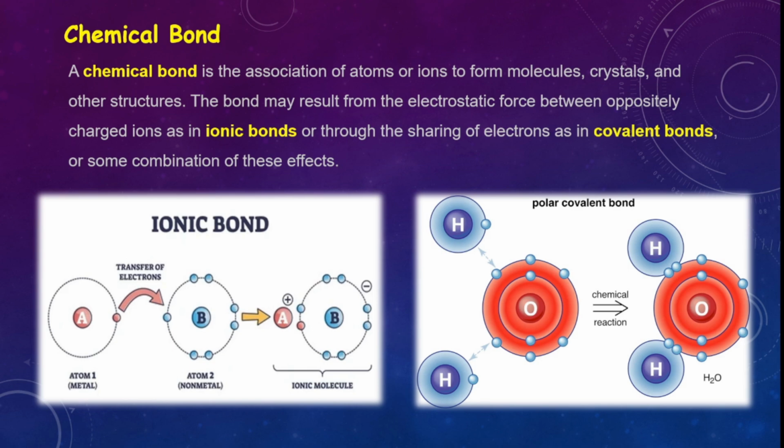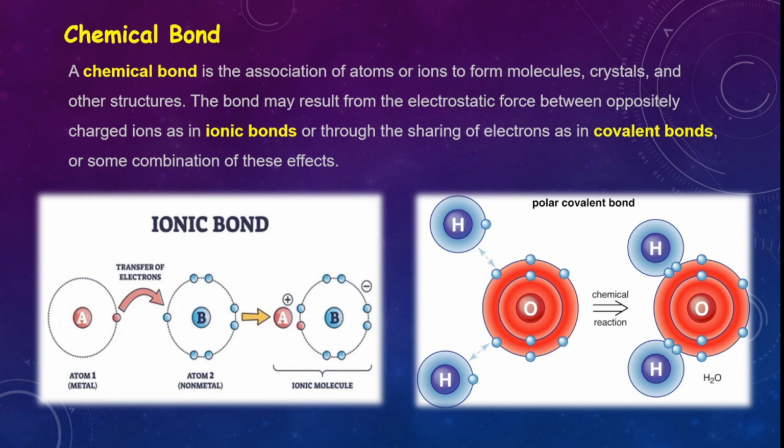Now we have seen that when a chemical reaction takes place, a bond or a relation between the elements takes place, and the product also has a new bond between them. So what is a chemical bond? It is the association of atoms or ions to form molecules, crystals and other structures. And these chemical bonds can be formed in two ways.